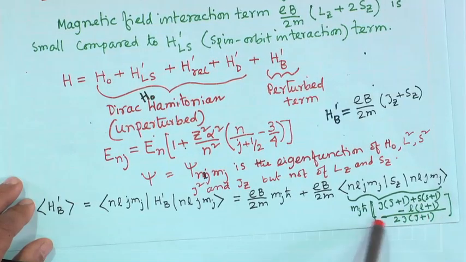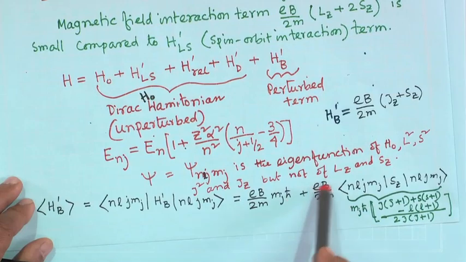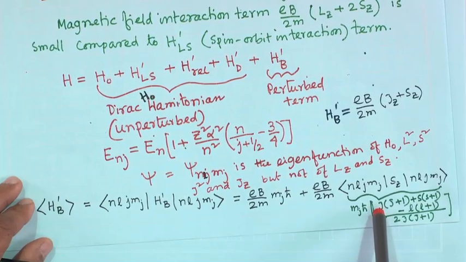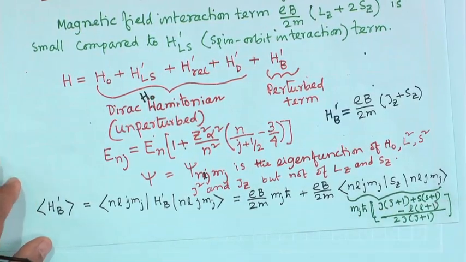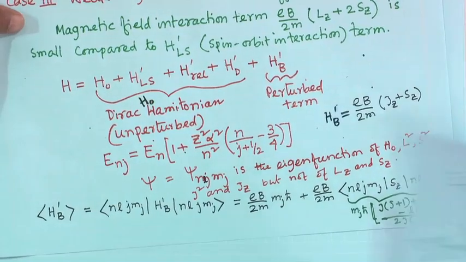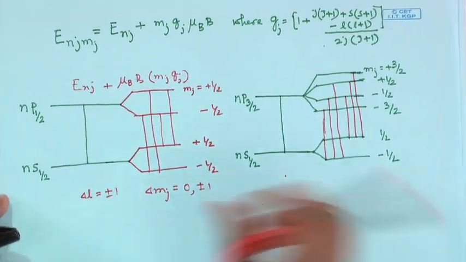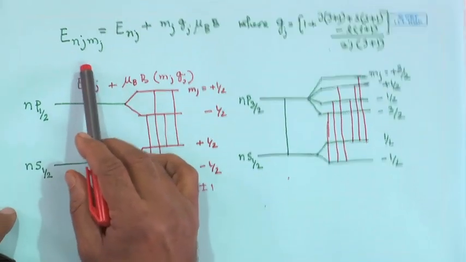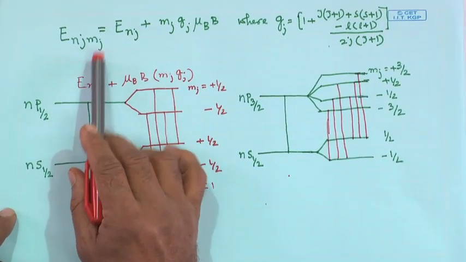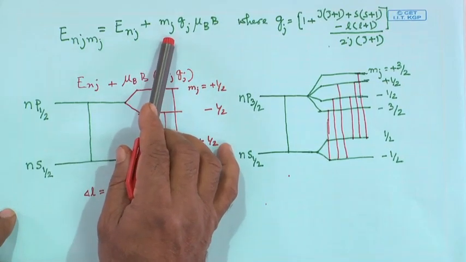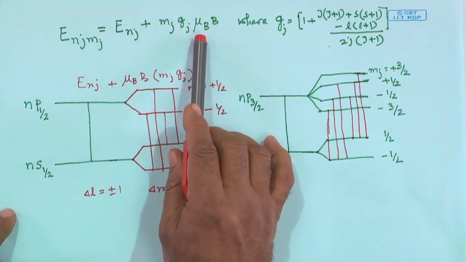Here, e B by 2 m is the common term; if you take it common, you will get basically 1 plus this term. That is why we have written it here. So, E n j m j is equal to E n j plus m j g j mu B B. Okay.